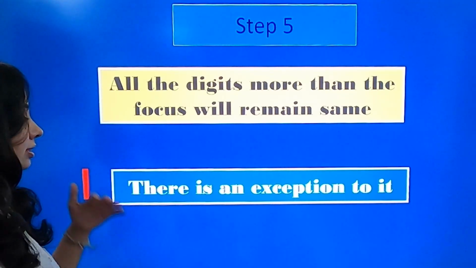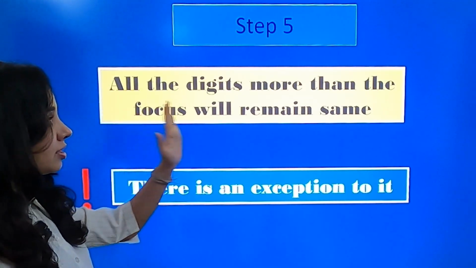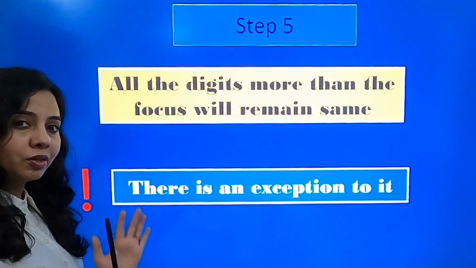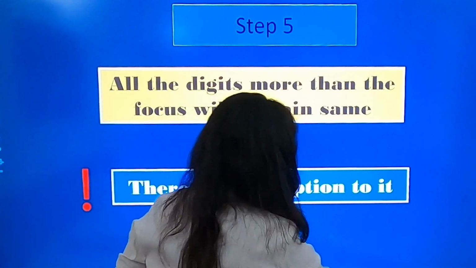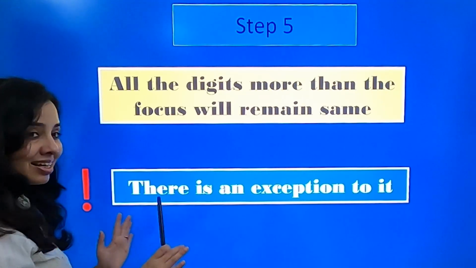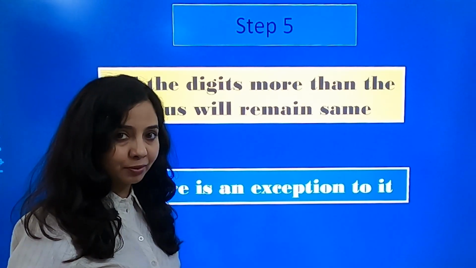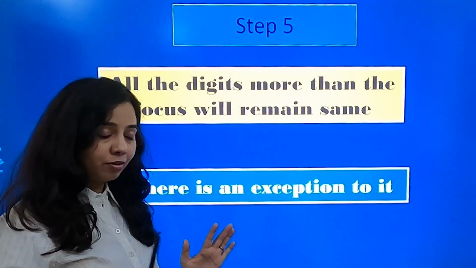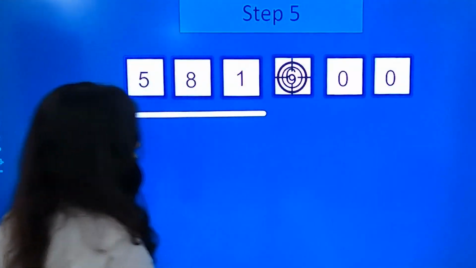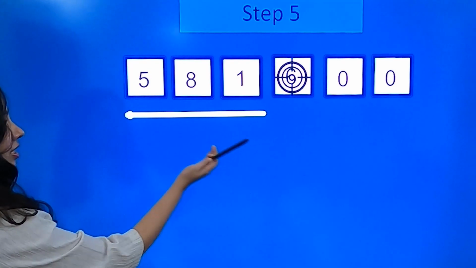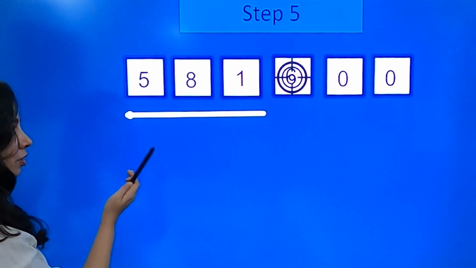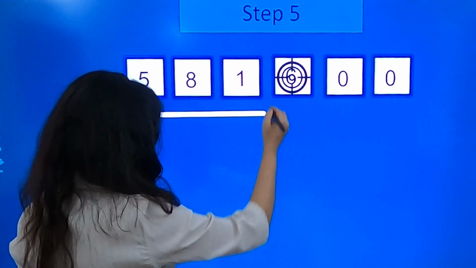Step 5 says that all the digits more than the focus will remain the same. But yes, remember, there is an exception to it, and we'll learn that exception at the end of this video. For now, just remember that all the digits which are left of the focus digit will remain the same. This is 7.